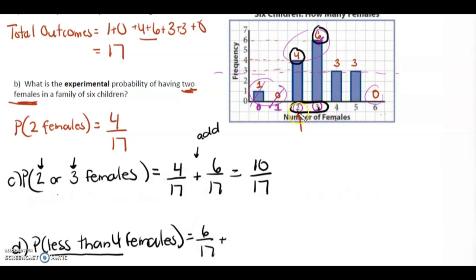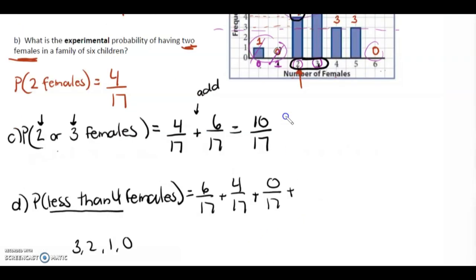How many families have 2 girls? 4. How many families have 1 girl? 0. How many families have 0 girls? 1. Okay, so this is going to give us a total of 11 out of 17 families that have less than 4 female children.